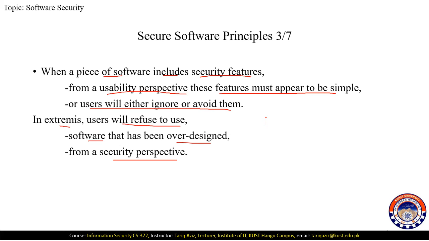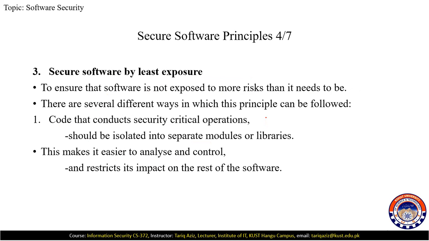Okay, now dear students, the third rule says secure software by least exposure. It means to ensure that software is not exposed to more risks than it needs to be. And how will this be possible? There are several different ways in which this principle can be followed.